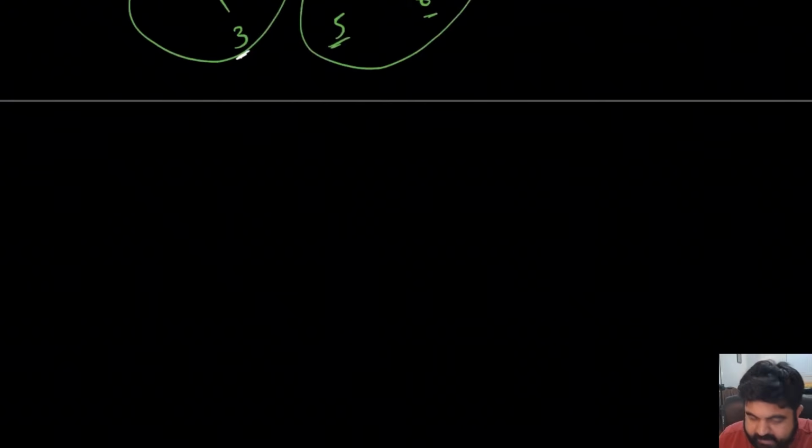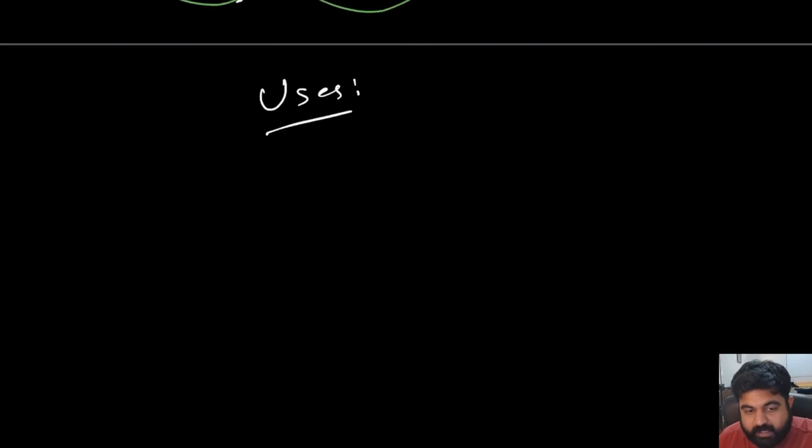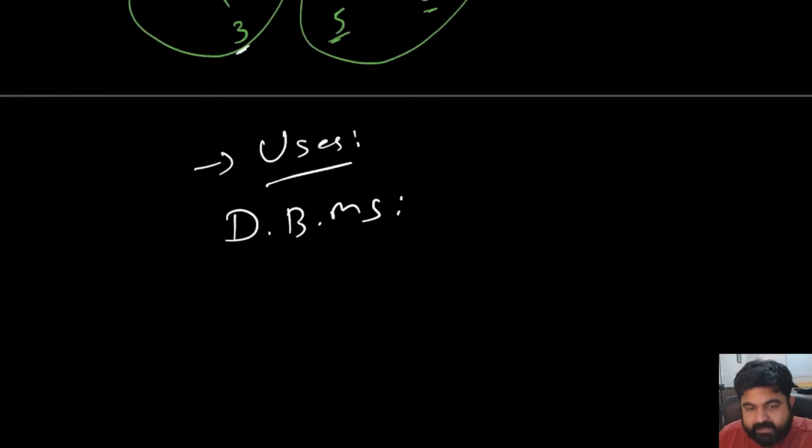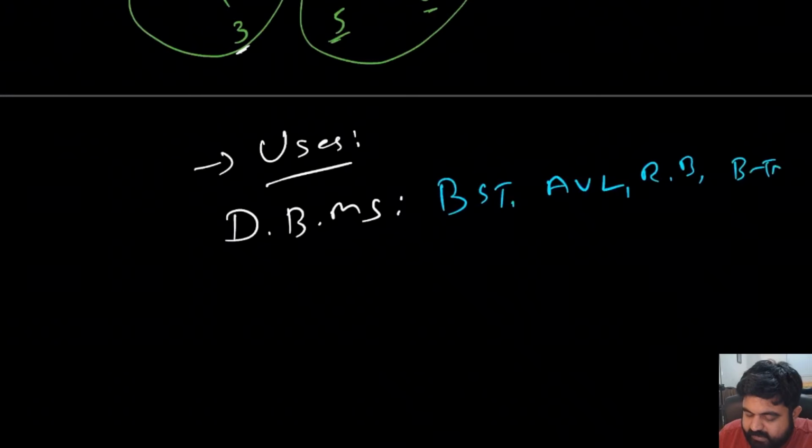So this is everything you need to understand about trees. But now let's see where and how we can actually use trees. Number one use case for a tree is typically a database management system. Why? Because binary search trees, AVL trees, red black trees, and B trees are all very powerful in separating all the elements.